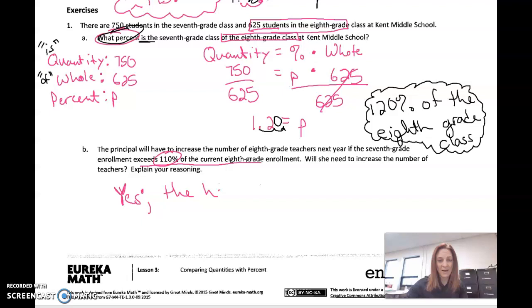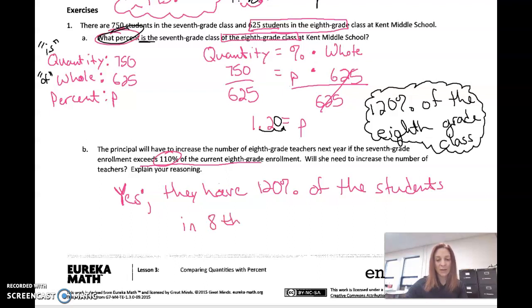They have 120% of the students in 8th grade right now. Sorry for my sloppy writing here.